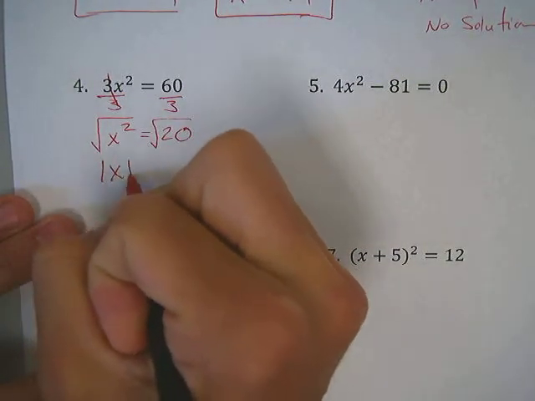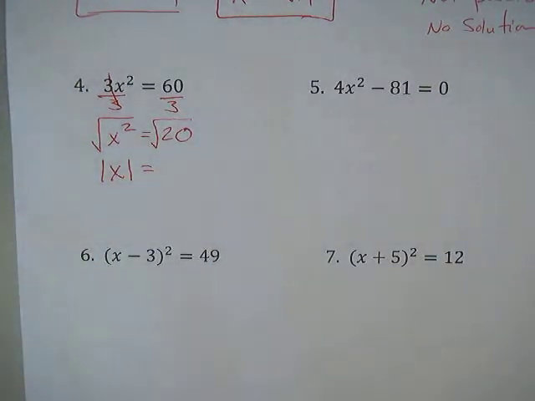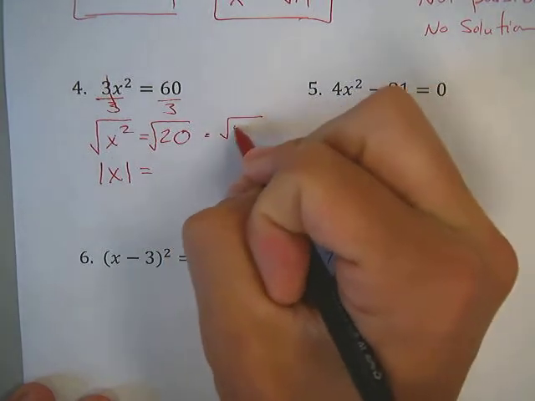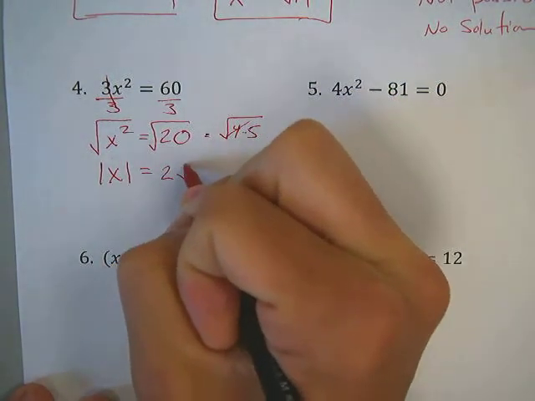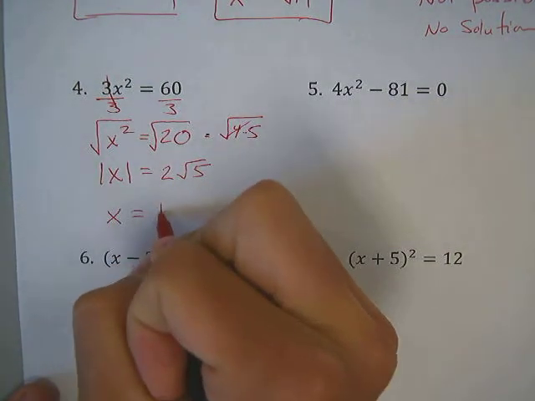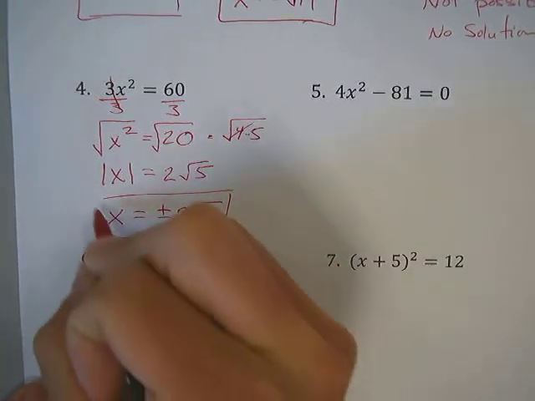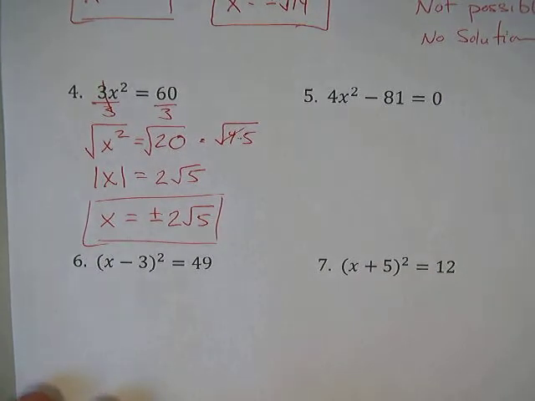I'm going to square root. Square root of x squared is absolute value of x. Again, mandatory step right there. Square root of 20. Let's see, how does that break down? Well, I know that's 4 and 5. And I know the square root of 4 is 2, so it's 2 root 5. So x is going to equal plus or minus 2 root 5.